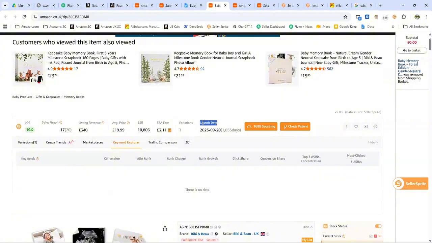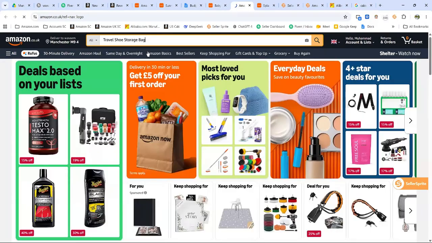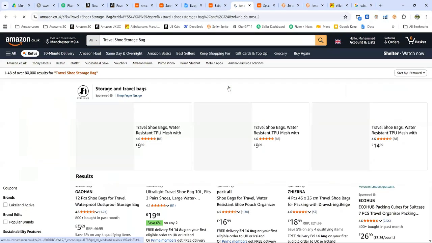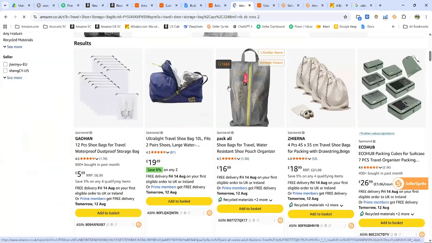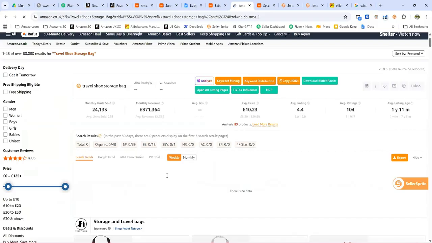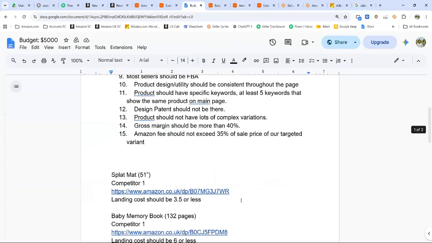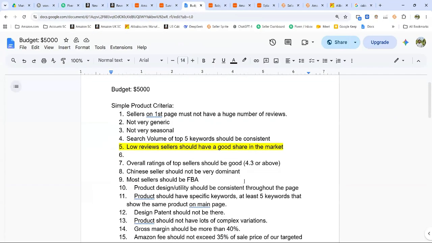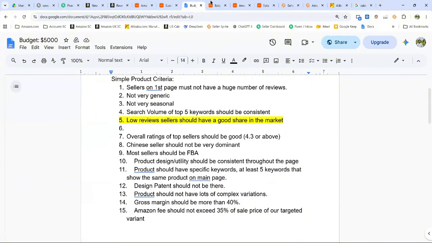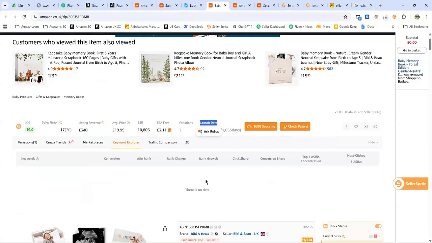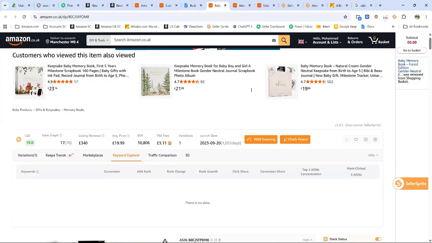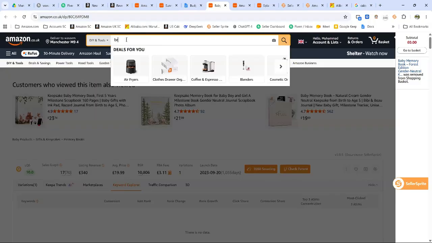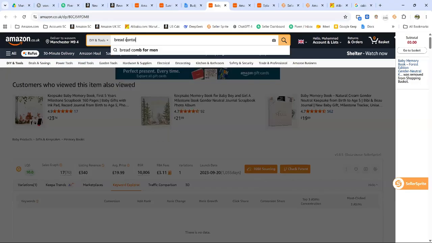Why would we bother to launch them when we can find a better product with better profitability and lower risk? Obviously, all this research, all the stats we are looking at, all this criteria is for the purpose of minimizing our risk and increasing our chances of success.